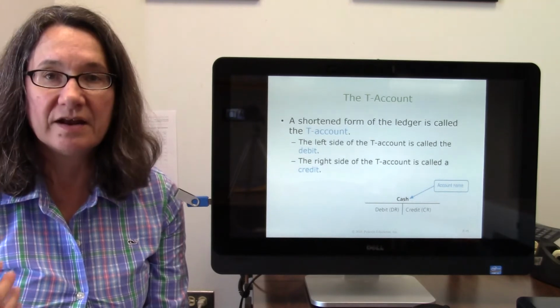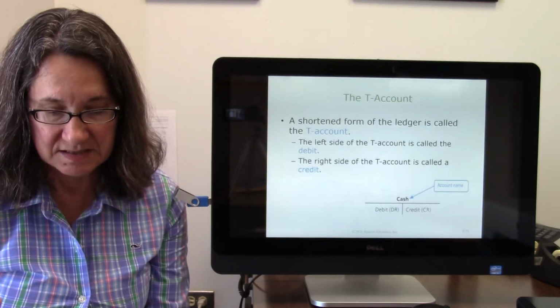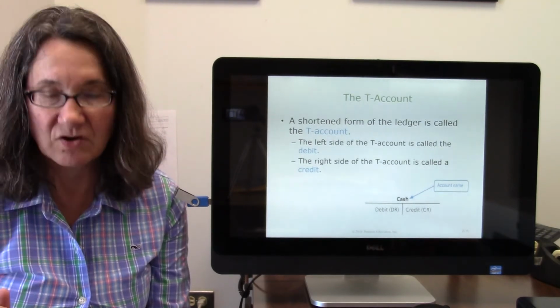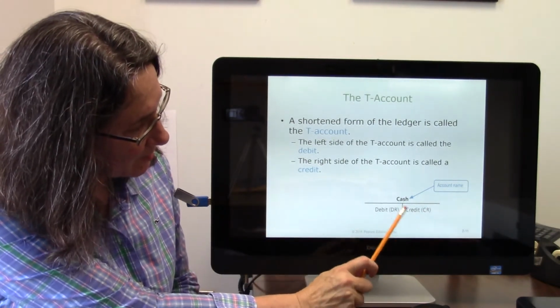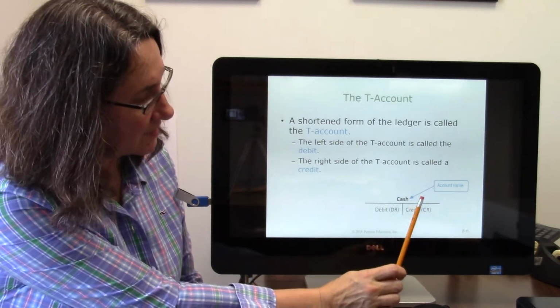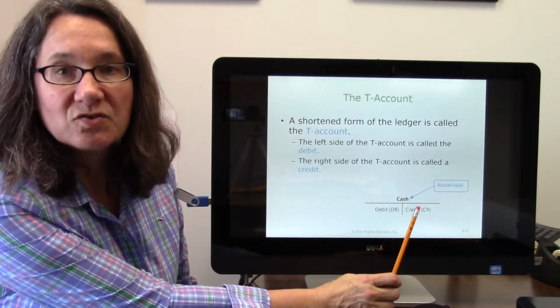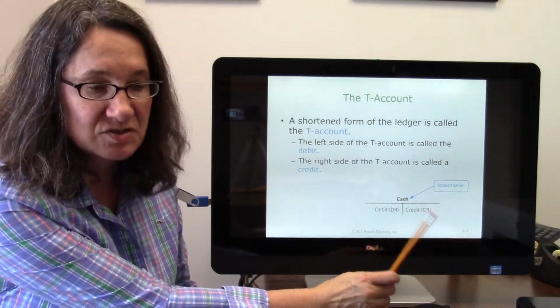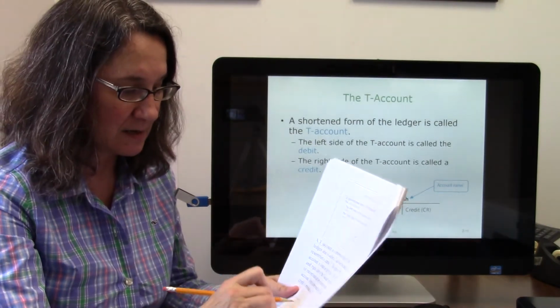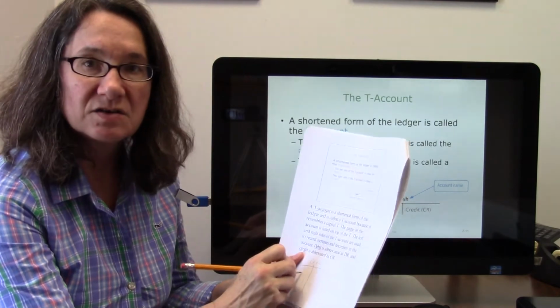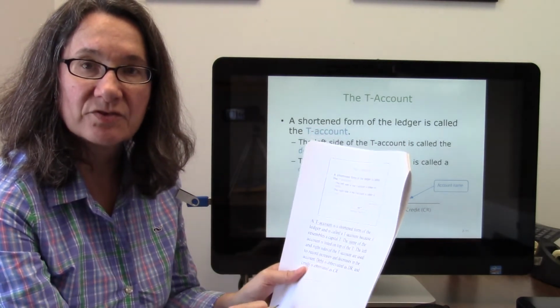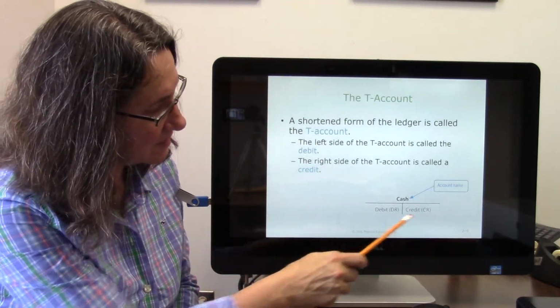So here's an interesting accounting term. Debit is abbreviated as DR and credit is abbreviated as CR. In this example you see of a T, this is an example of a T account. If I was going to be tracking some cash, I would just draw a T on a piece of paper, write cash, and then start doing my transactions on either the left or the right side. So that's all a T account is.